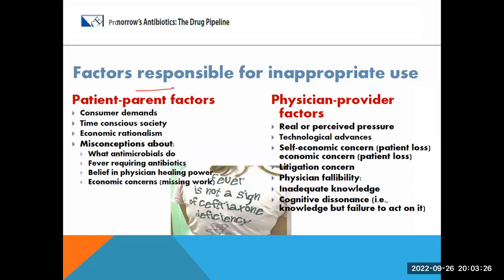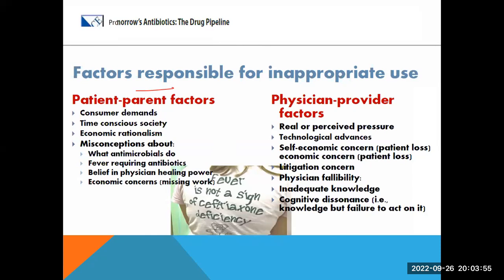And then we're having issues, to be honest, also with the providers themselves. There are really tons of reasons. Inadequate knowledge, per se. There's a lack of infectious disease physicians in low and middle income countries. So not all physicians have the basic knowledge about how to properly prescribe antimicrobials, the basic principles and practices of prescribing antimicrobials.